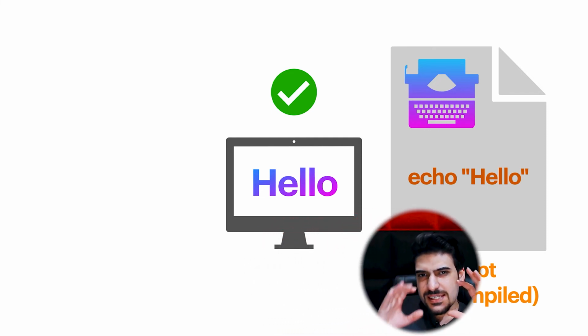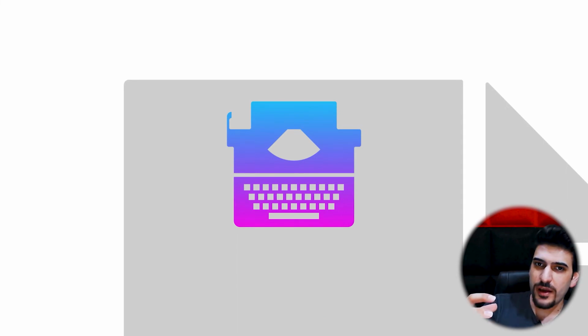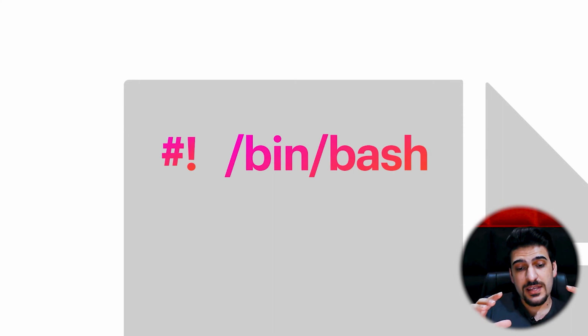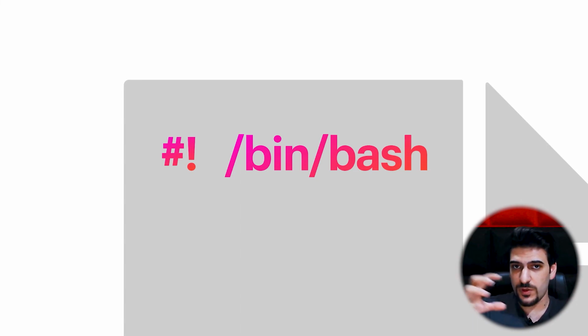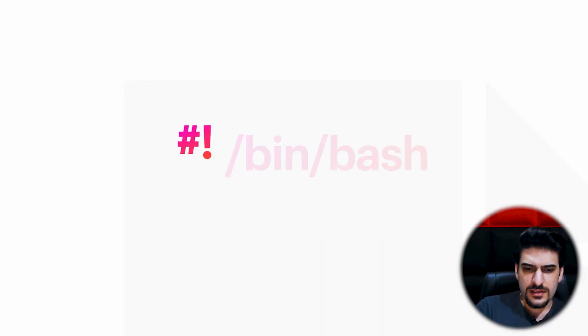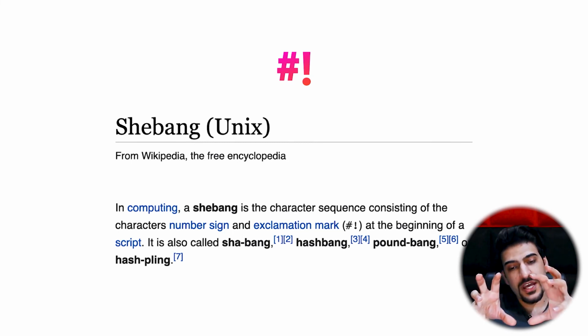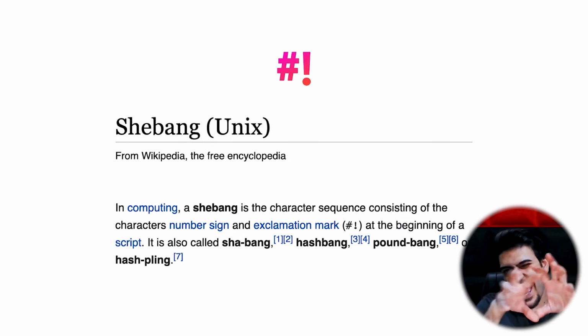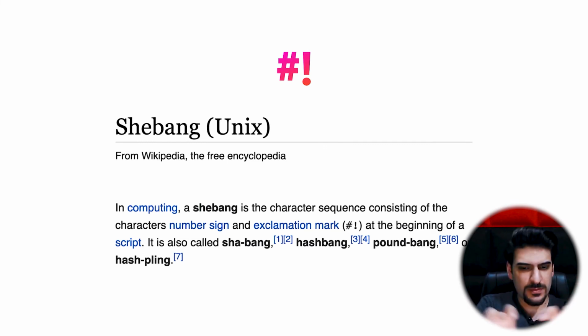The exact way of mentioning an interpreter of a script file when we want to execute it is using a syntax like this: a shebang sign and the location of the interpreter we want to use. And I said shebang. Shebang is this combination of the hash sign and the exclamation mark that you see in the description of Wikipedia here in this slide.